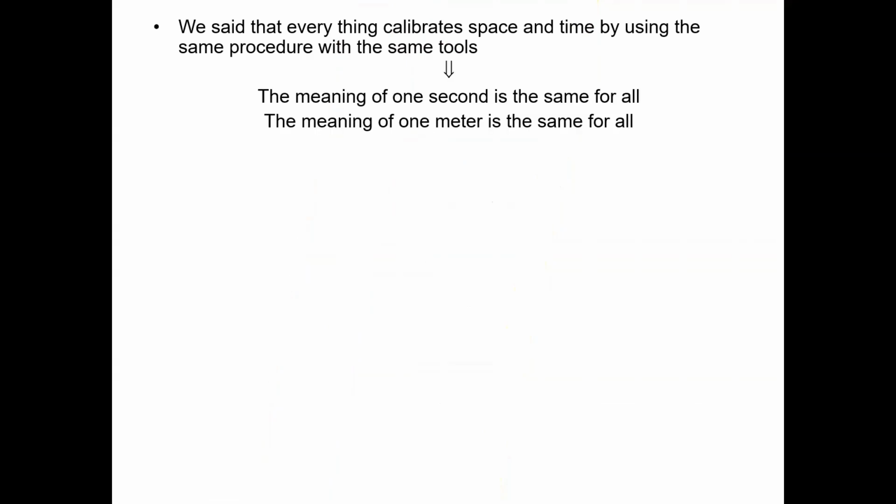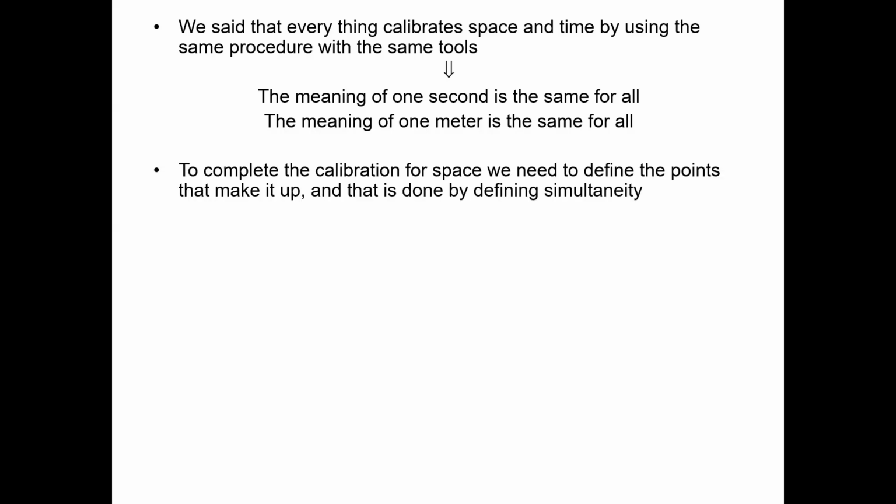Now, because everything uses the same method and the same calibrating tools, the meaning of 1 second is the same for all, and the meaning of 1 meter is the same for all. However, to complete the calibration for space, we need to define the points that make it up. And that is done by defining simultaneity.